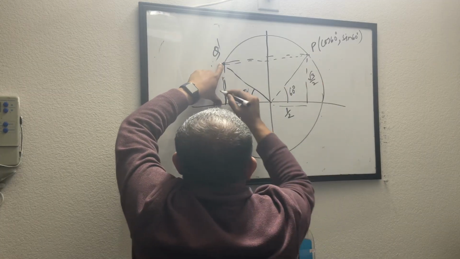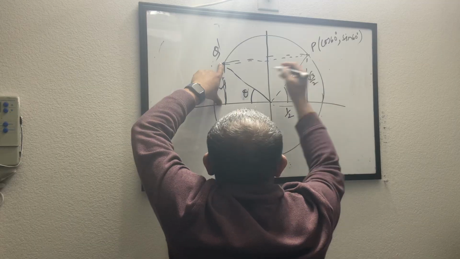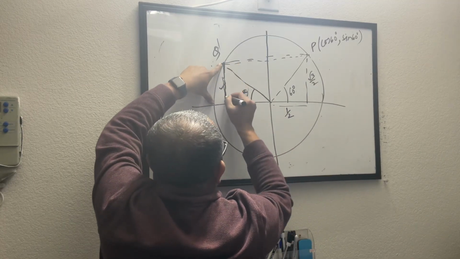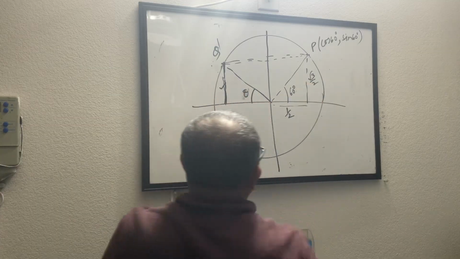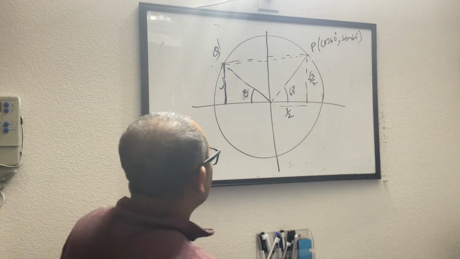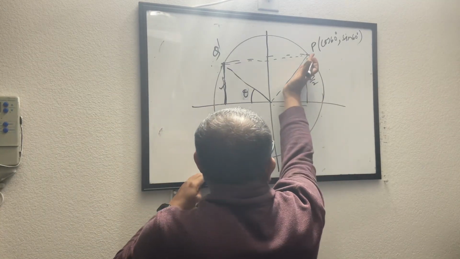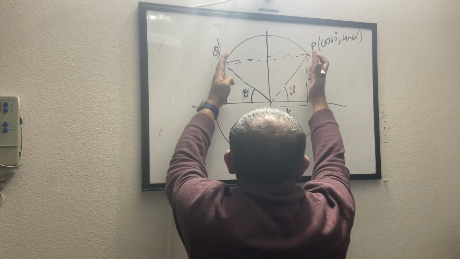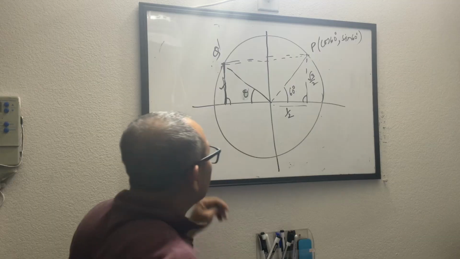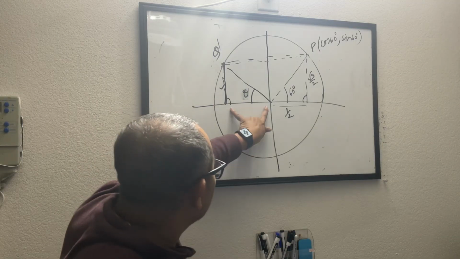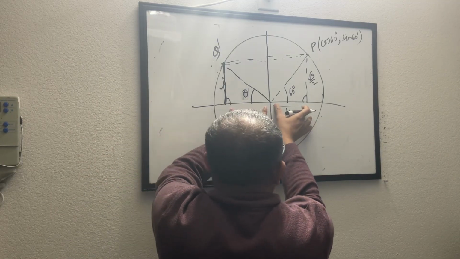Okay. Now this height, and from here I am dropping a perpendicular here. So if you look at this triangle and this triangle, both are congruent because this side is the radius, this height will match, and this angle is 90 degrees anyways. So these two are congruent. So this length and this length are the same.